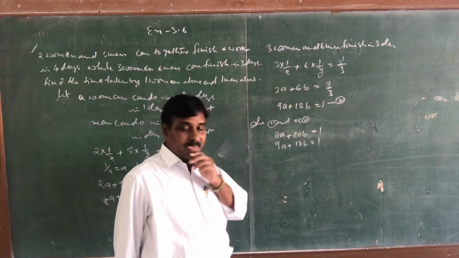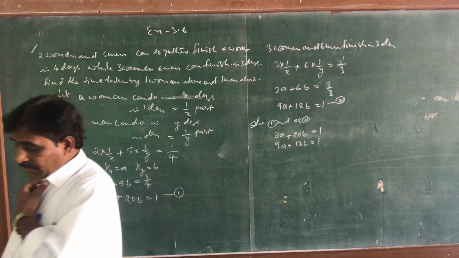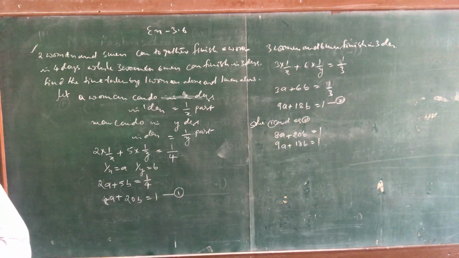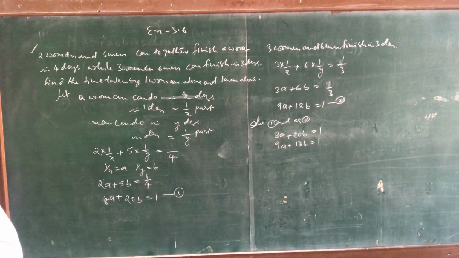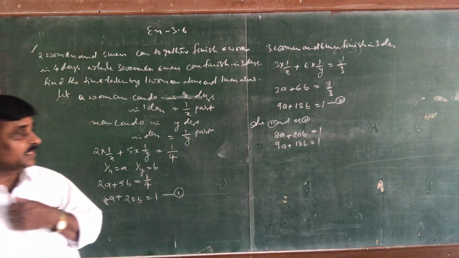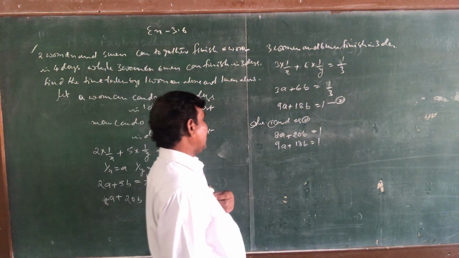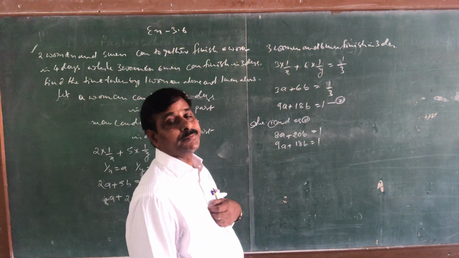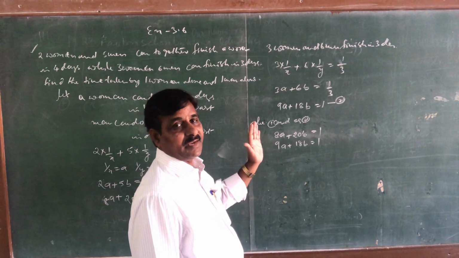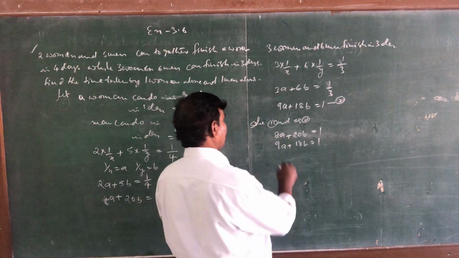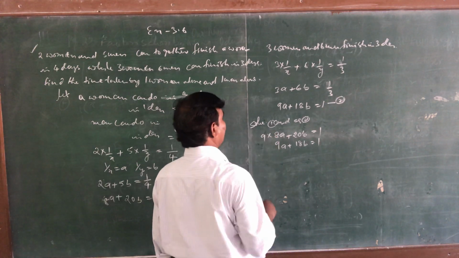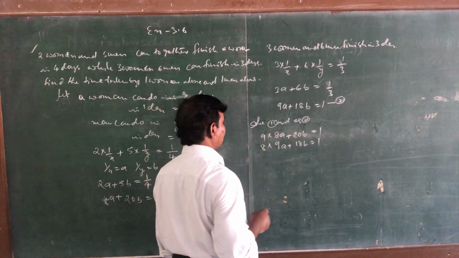Because we have to follow the elimination method. In the elimination method, we have to make any one of the coefficients equal. So here, this you can multiply with 9, and this you can multiply with 8.